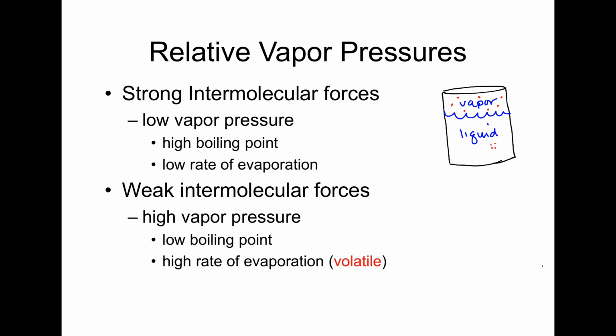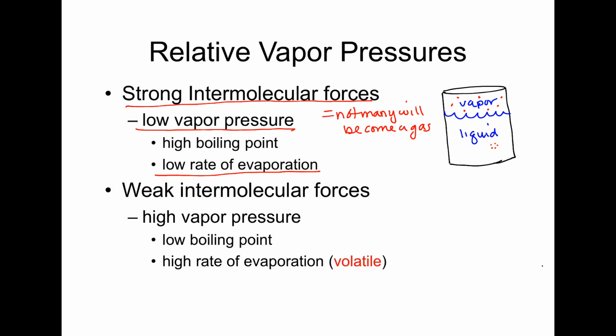They're going to want to stay in the liquid state. So if we have really strong intermolecular forces, that means that not many will become a gas. And because there aren't many gas particles, we're going to have a low vapor pressure. So things with strong intermolecular forces tend to have low vapor pressures. Another way of saying that is a low rate of evaporation.